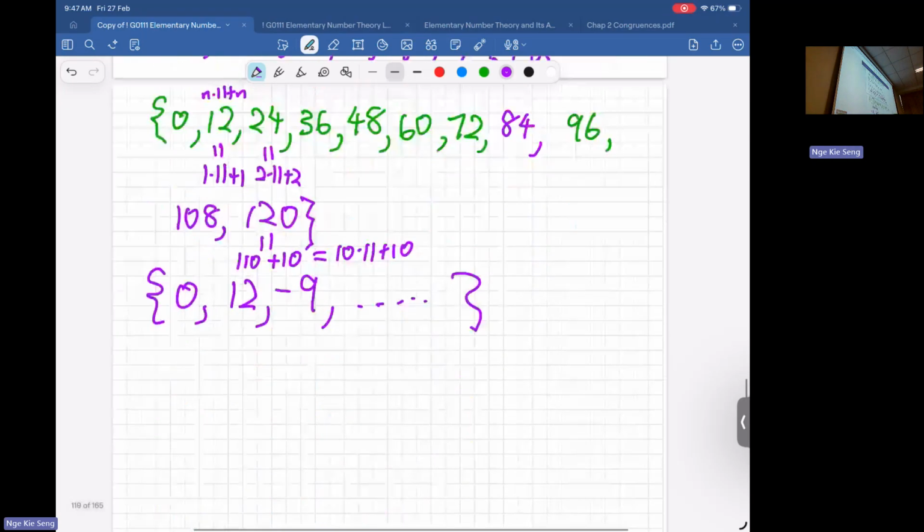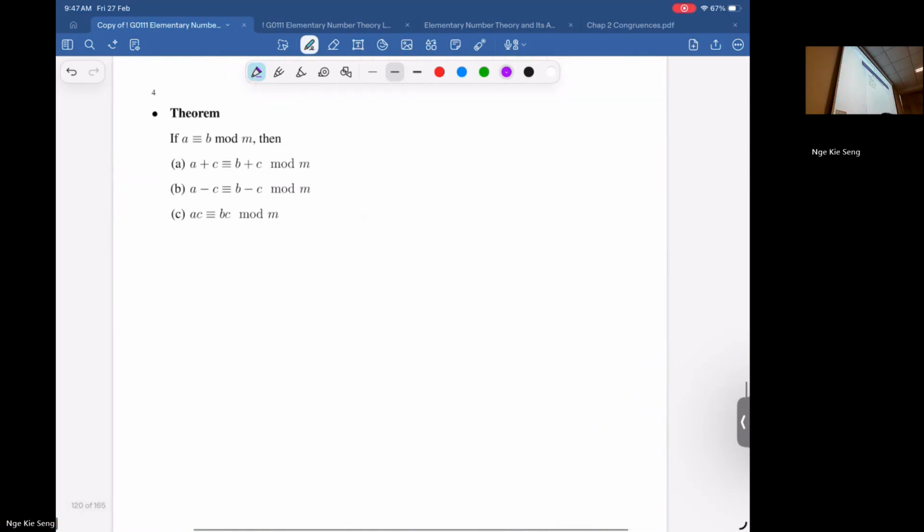Okay, let's go to the next one. Let's go to this theorem here. If A is congruent to B mod M, so if they have the same remainder, then if I add the same number to both of these, they will also have the same remainder. Or if I take away the same number, they will also have the same.